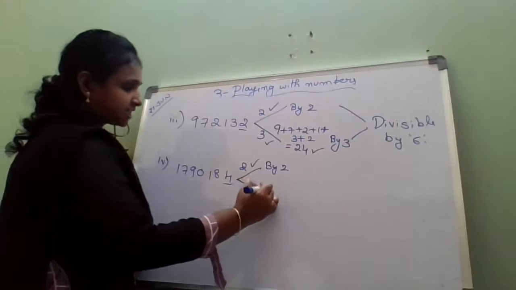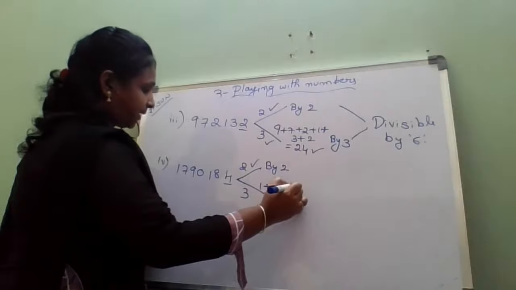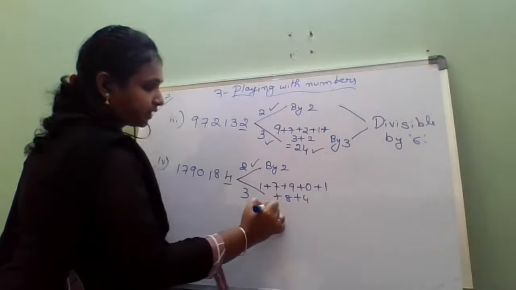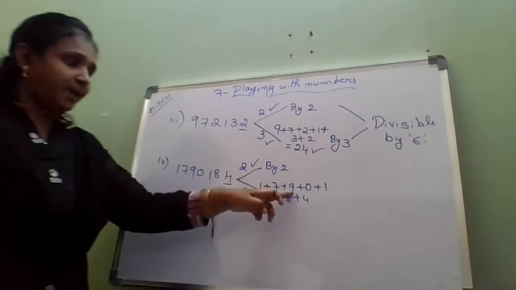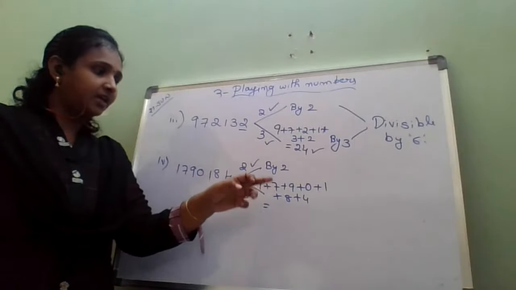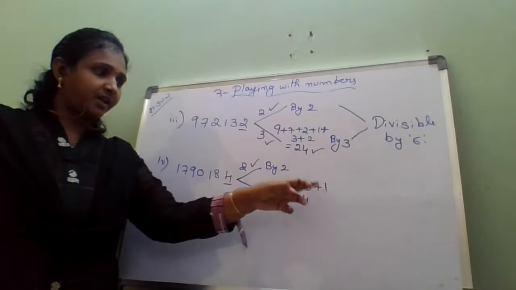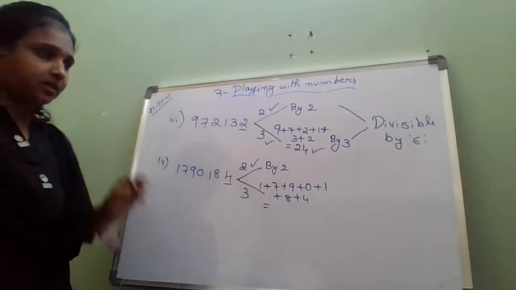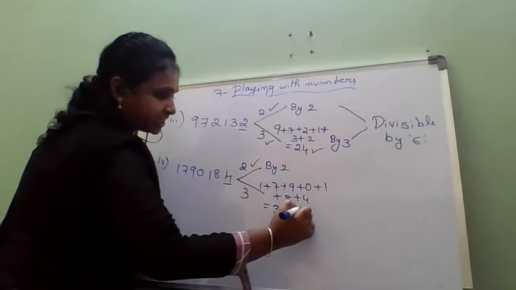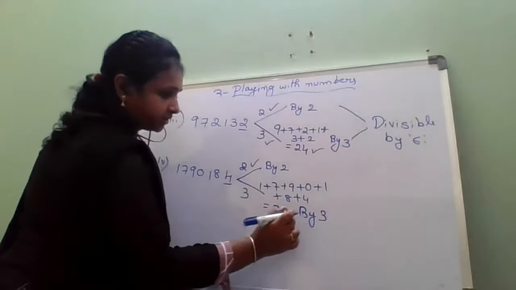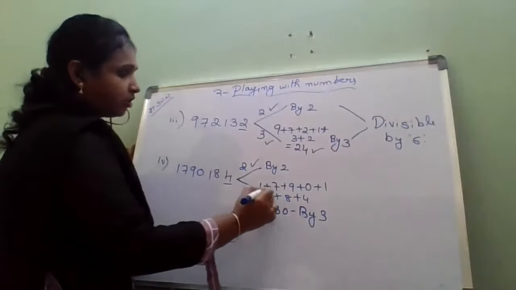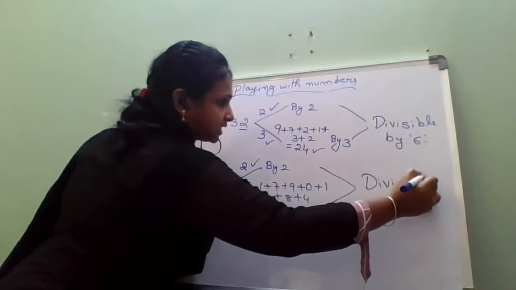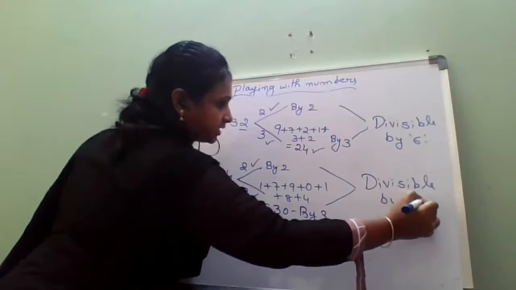Next, sum of the digits: 1 plus 7 plus 9 plus 0 plus 1 plus 8 plus 4. So 9 plus 1, 10, 17, 17 plus 1, 18, 18 plus 4, 22, 22 plus 8, 30. So 30 is divisible by 3. So this number is divisible by 6.